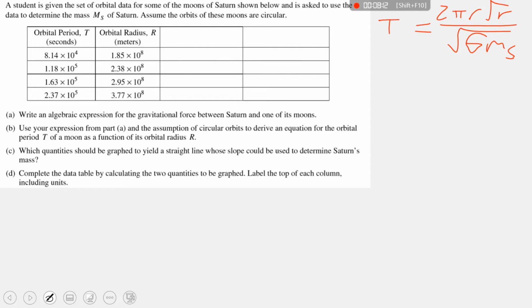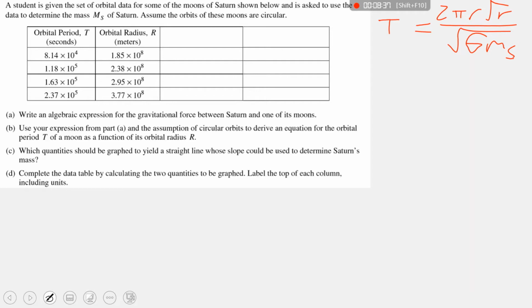So if we simplify it, I think we should leave Saturn's mass on the right side. Okay, it might be easier to throw it to the left side just because it's already on the bottom, so that way we won't need to take a reciprocal.